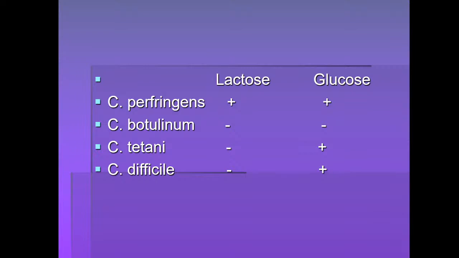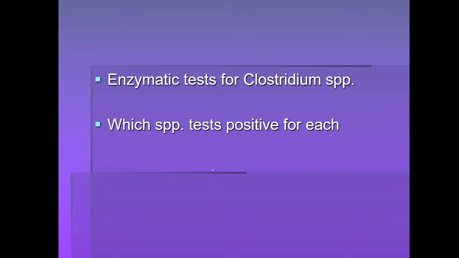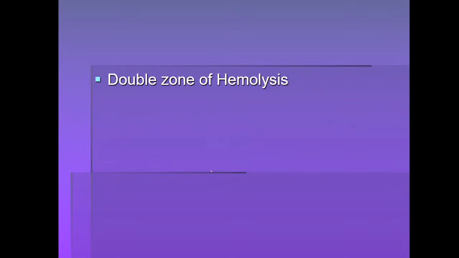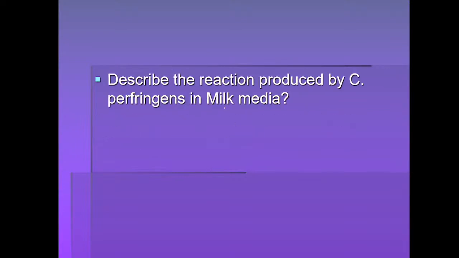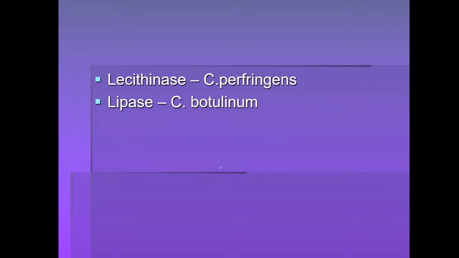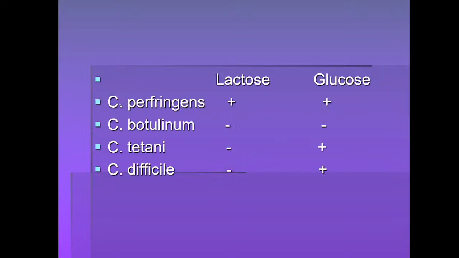Remember, lactose is milk sugar, and the only one that can grow on milk medium is Clostridium perfringens. Okay, with a stormy appearance, and all of them will test negative with lactose. All of them will test positive for glucose, except for Clostridium botulinum. Okay, so cool beans. Let's move on.